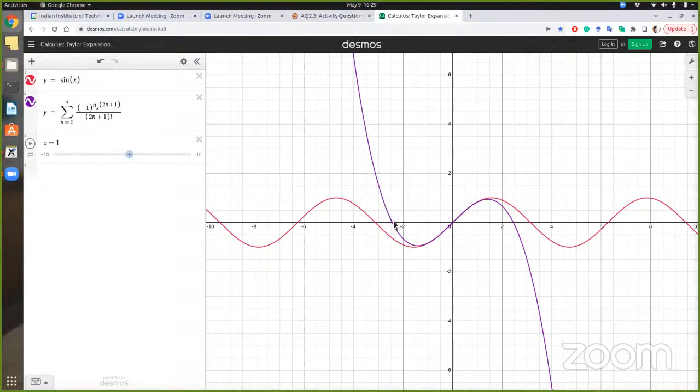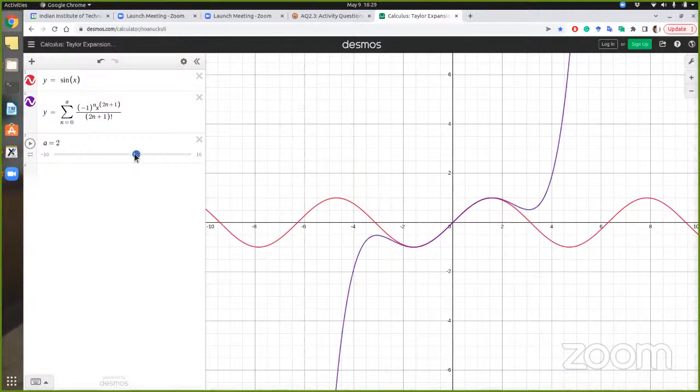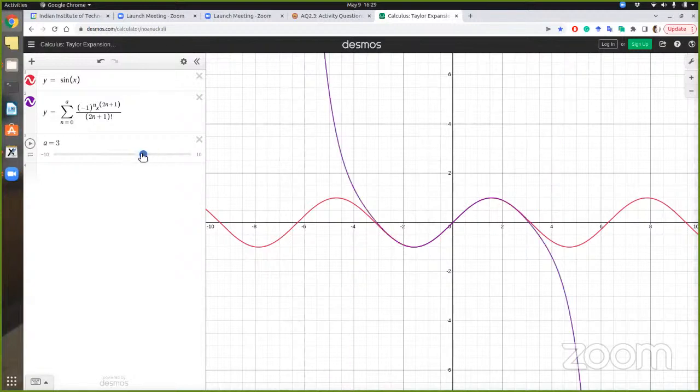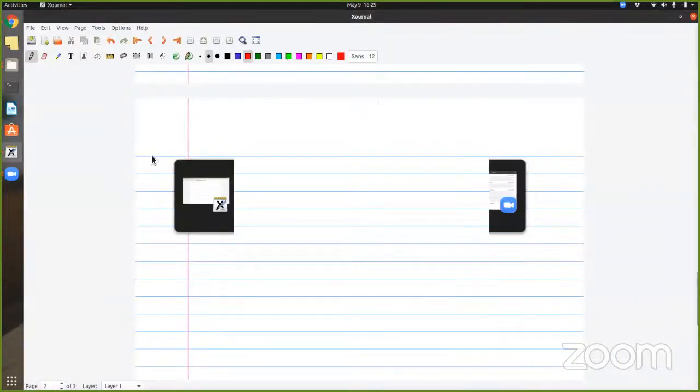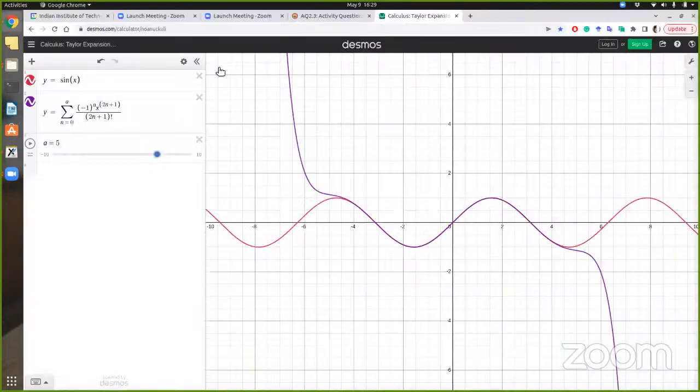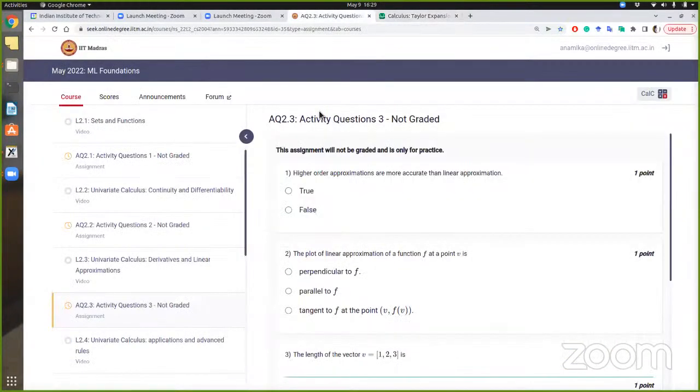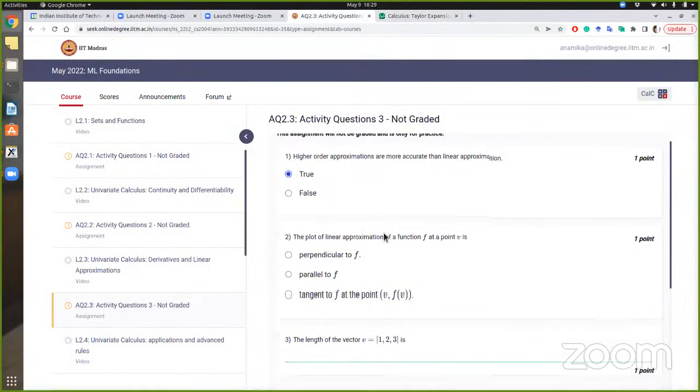Similarly, if you go far away, again you'll get an error. But if you increase the approximation degree, your approximation gets better, right? So you see this example. Getting back: higher order approximations are more accurate than linear approximation, correct?